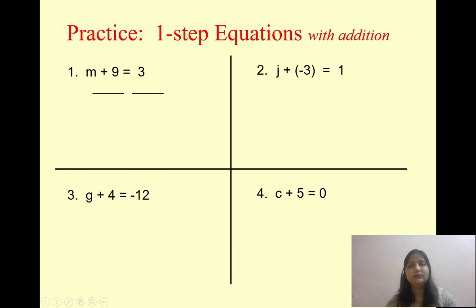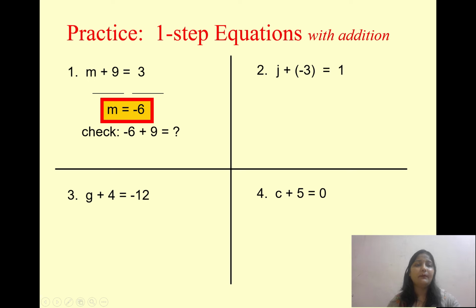Now move on to the next question. m plus 9 equals 3. What is the variable? The variable is m. If we subtract 9 from both sides, we will get m equals minus 6.